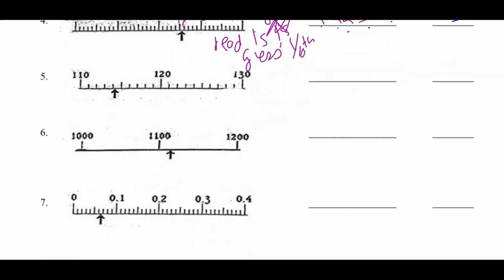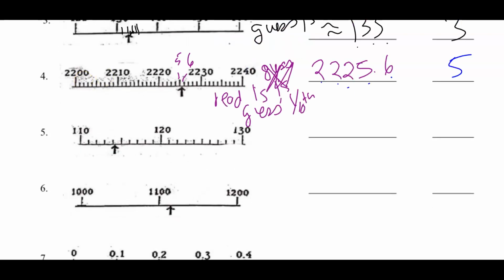Okay, now let's be careful on this one. Okay, here's 110, here's 120. So 11, 12, 13, 14, 15, 16, 17, 18, 19, 20. This one, same thing. We can read the ones. We're going to guess the tenths place value. So 11, 12, 13, here is 114, here is 115.